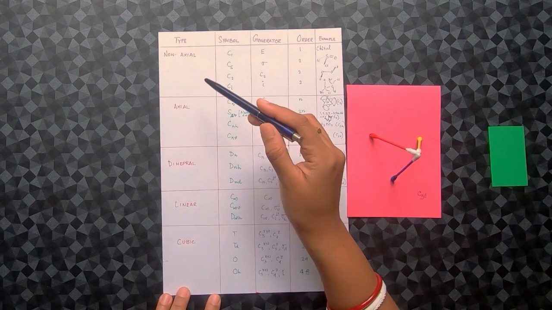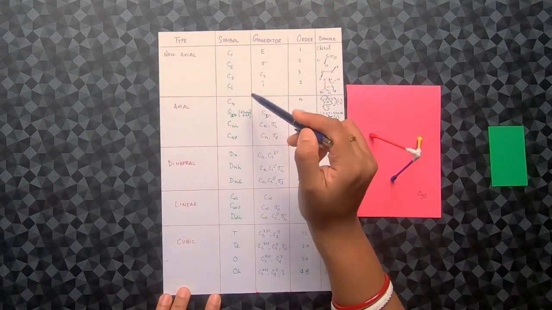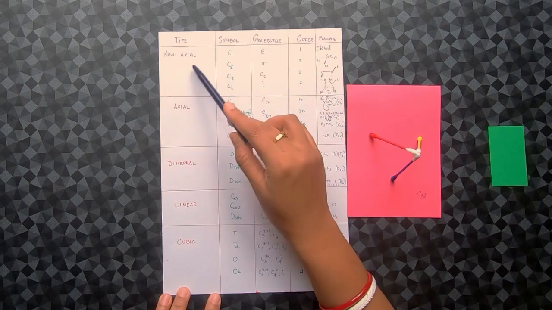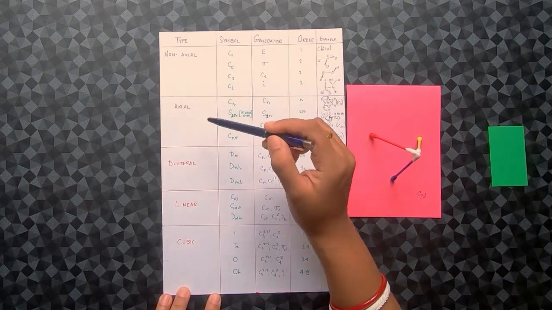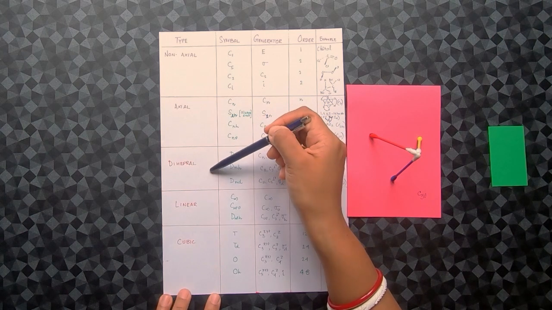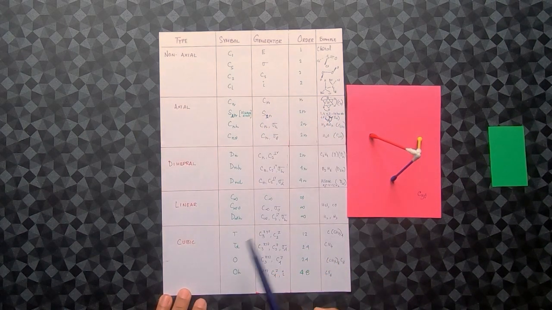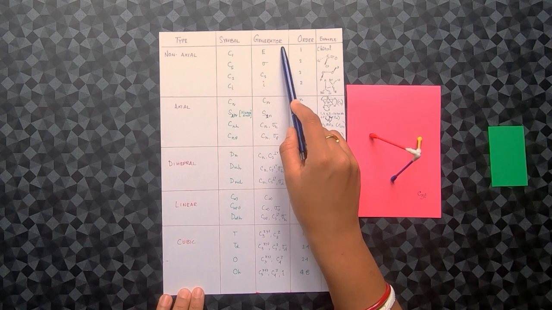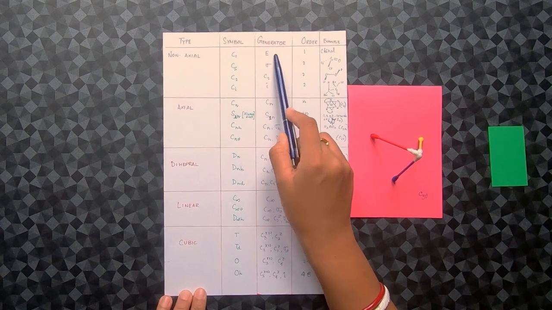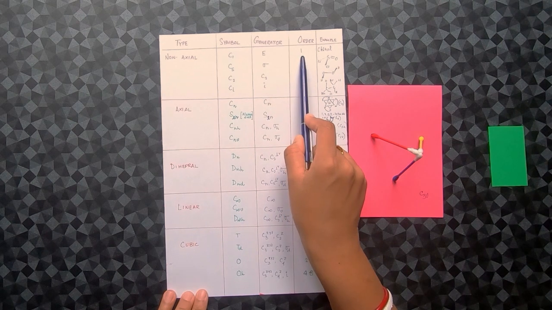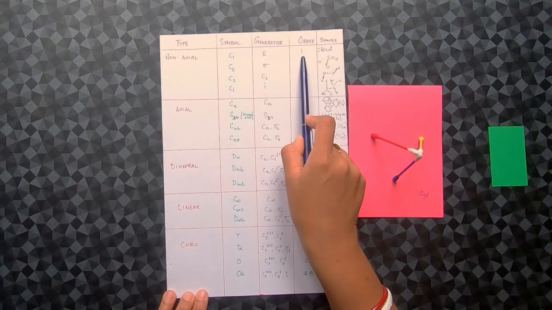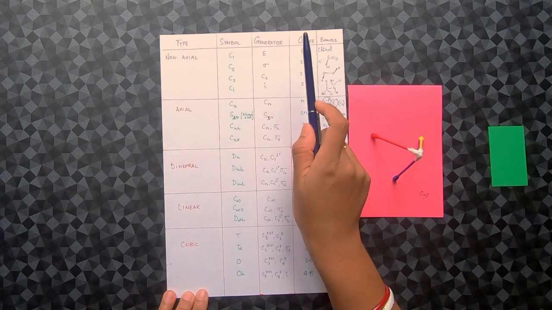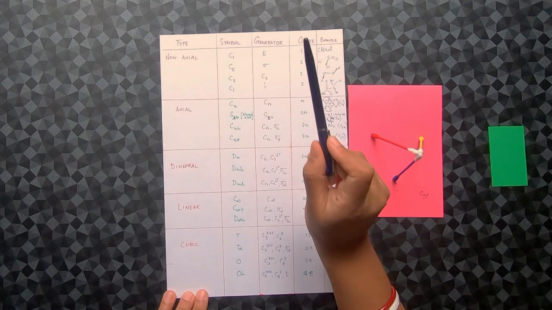Molecules with low symmetry are categorized as non-axial, then axial, then dihedral, linear and cubic. These are the symbols used. Generator means the symmetry elements present in the system, and the corresponding order.